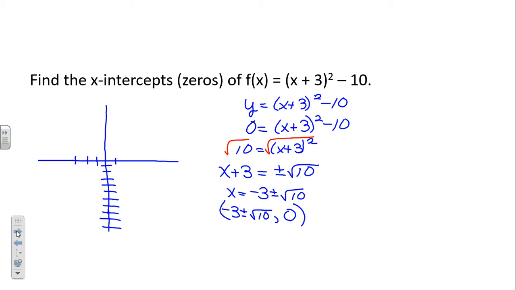And then we have our intercepts at a little bit more than 0, right? And then what would be -3 minus the square root of 10? A little bit less than -6, right?